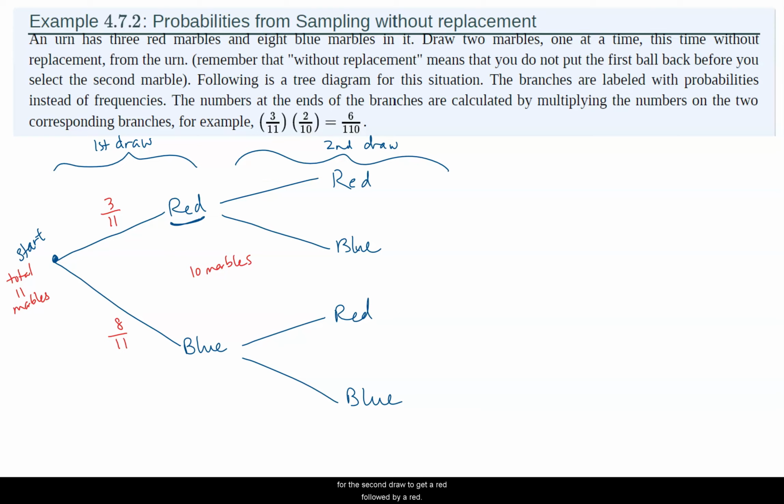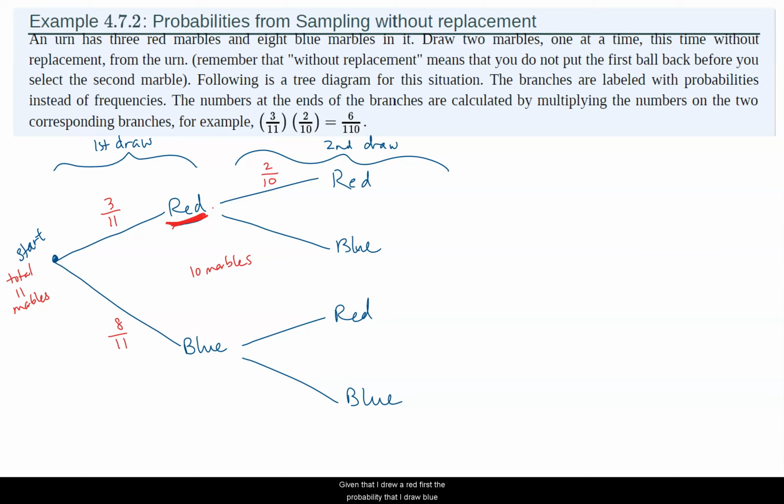So for the second draw, to get a red followed by a red, the probability for the second draw red is 2 out of 10. Because I'm on this red branch, I've already drawn 1 red, and now I'm looking to draw a second red. Given that I drew a red first, to draw a red second, my probability is 2/10.